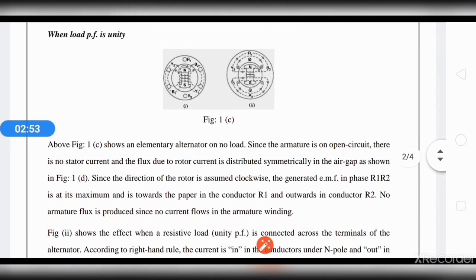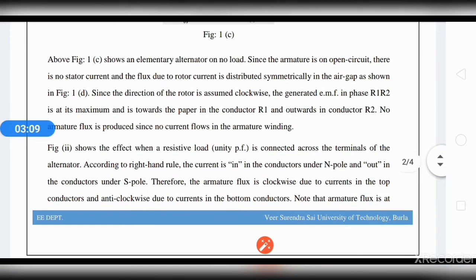As we see in the diagram, at no load the armature is open circuit, there is no current flowing and the flux due to rotor current is distributed symmetrically. However, when the unity power factor load is connected, the flux produced by the armature plays an important role.